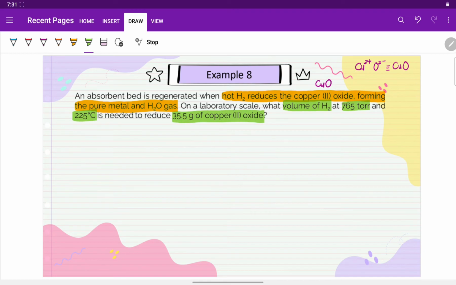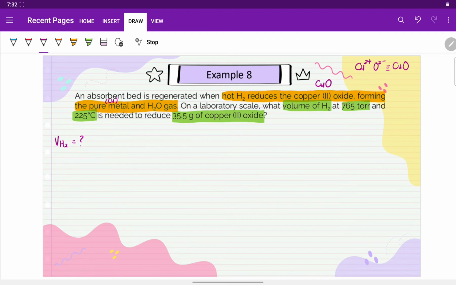Okay, so kita keluarkan maklumat yang kita ada. Okay, so dekat sini, sebelum tu, pure metal dekat sini, since kita gunakan copper oxide, so maksudnya pure metal kita dekat sini adalah copper lah. Okay, kita keluarkan maklumat kita. So kita nak cari berapa volume hydrogen gas. So awak label. Okay, label completely. Kita nak cari VH2. Okay, tak tahu berapa.